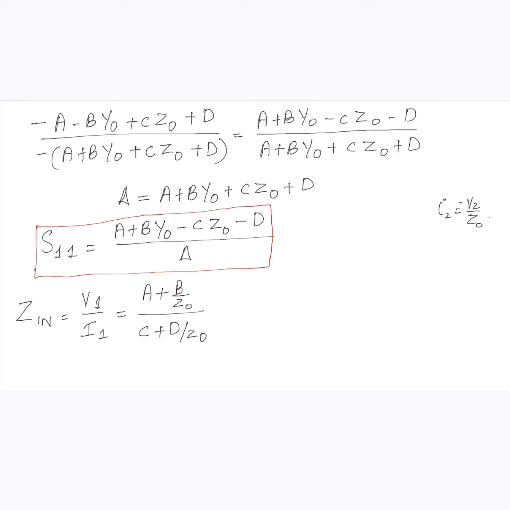So we can write S21 as V2 minus divided by V1 plus when V2 plus is equal to 0.